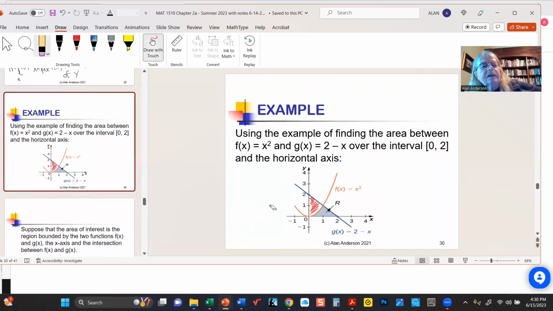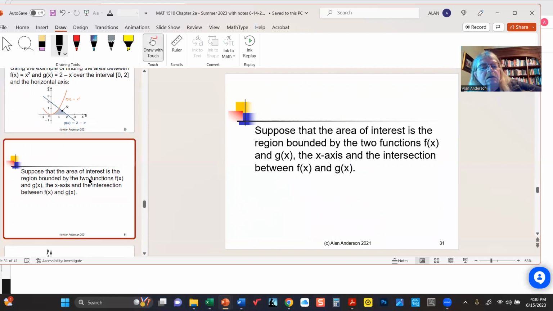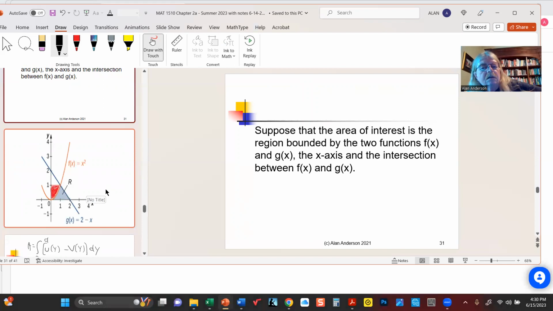Yeah, I didn't write that as clearly as I could have. See, it does say the words intersection. It wasn't as clear as it could have been.